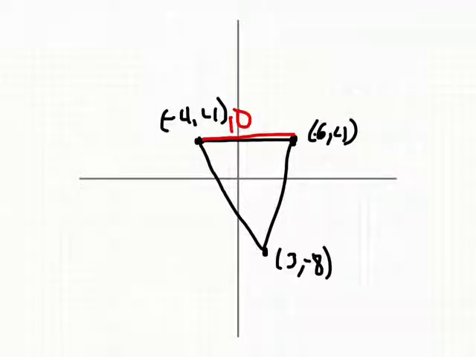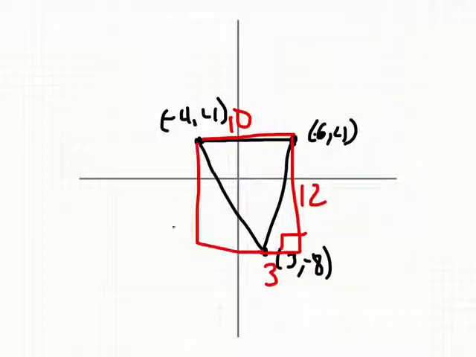To find the other 2 lengths, I have to use the Pythagorean theorem. So I make a right triangle here. Looks like this is going to be 3 and this is 12. And I make a right triangle here, 7 and 12.